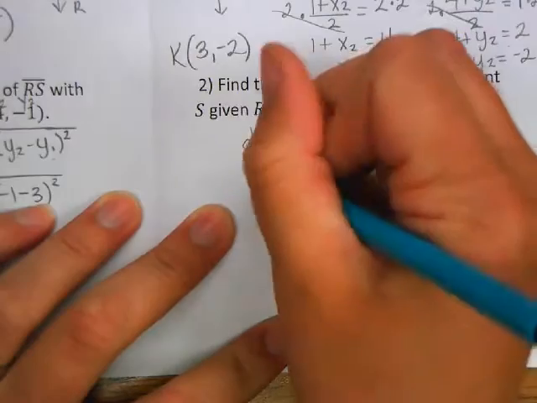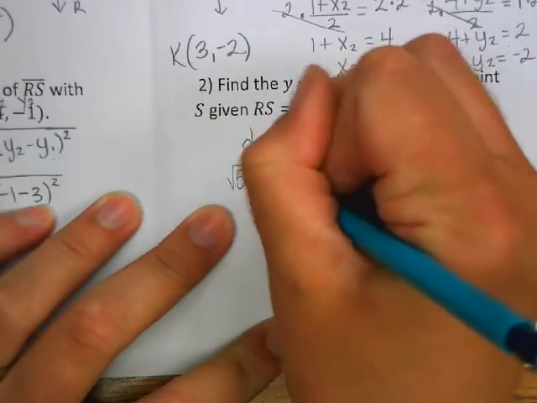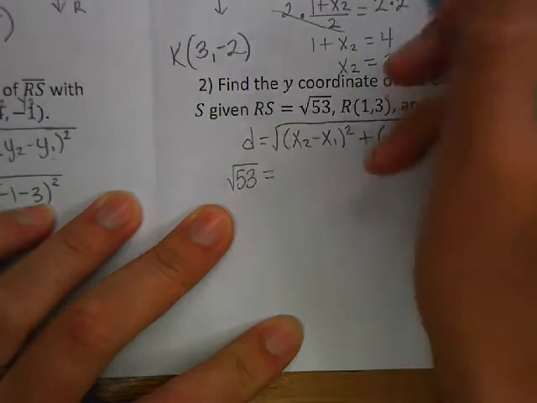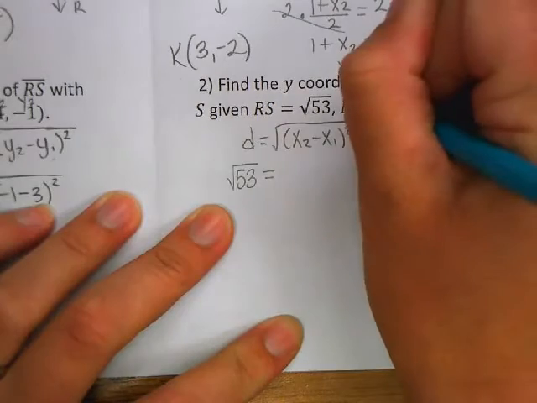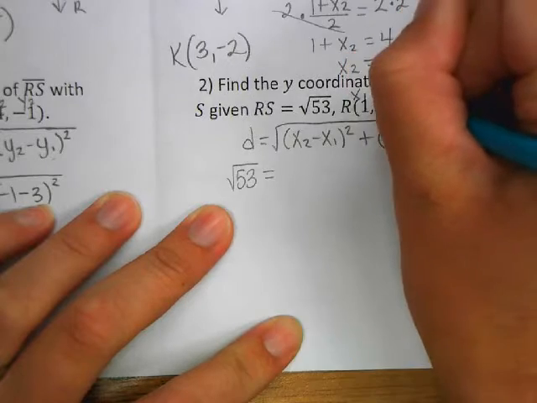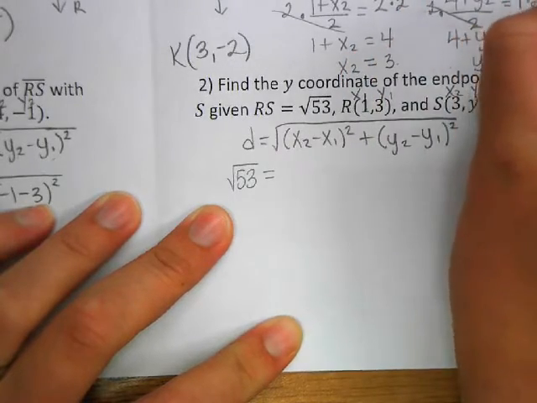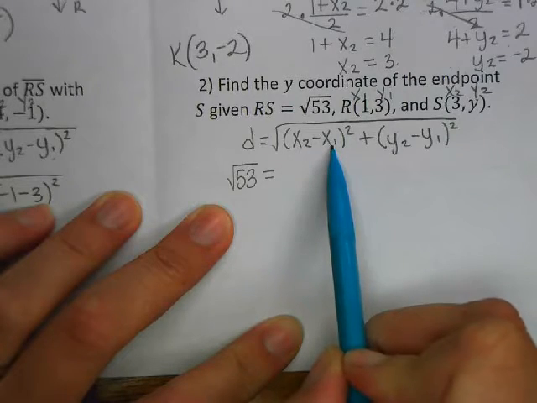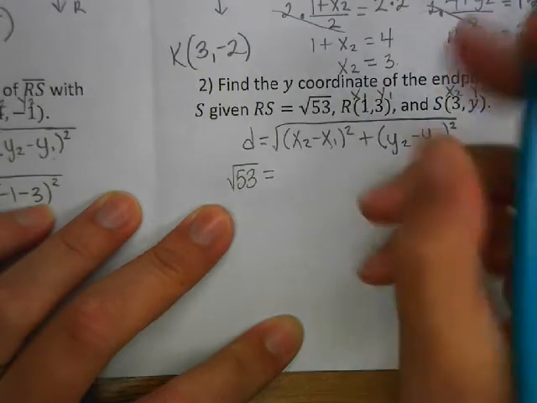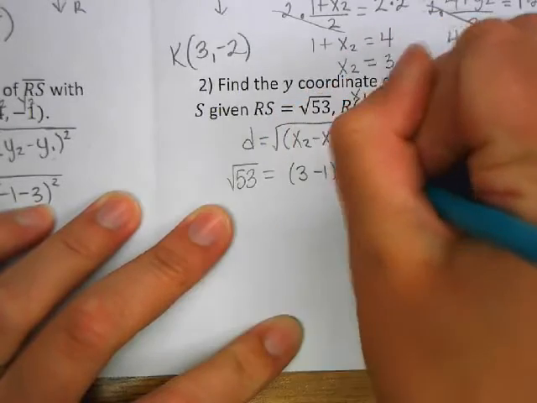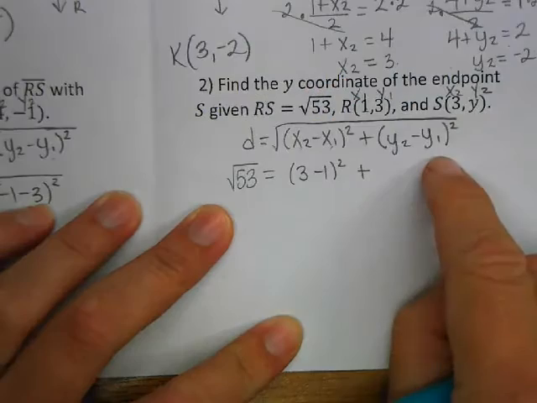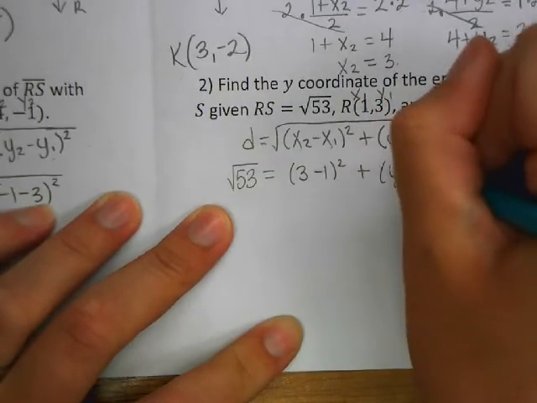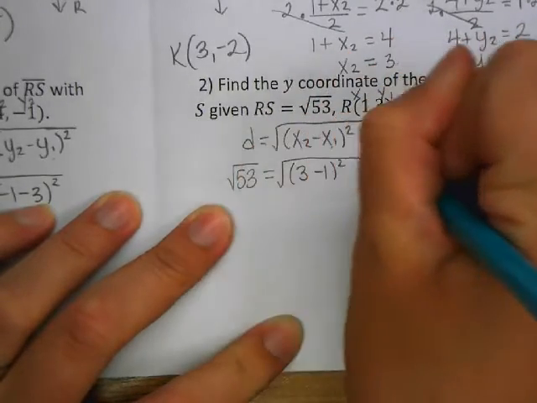So if you know the distance is the square root of 53, you can substitute that in for D, the distance. And then you can assign these values just like we did in the first example: x1, y1, x2, y2. So now when you do x2 minus x1, it's going to be 3 minus 1. And when you do y2 minus y1, it's just y minus 3. And that's all under the radical.